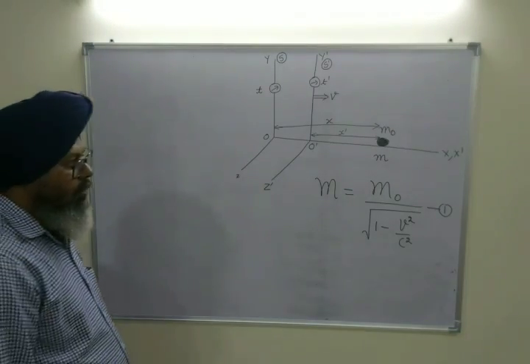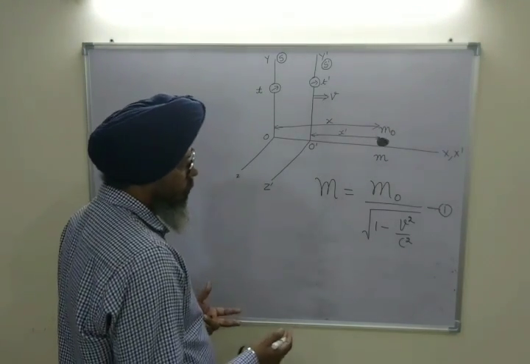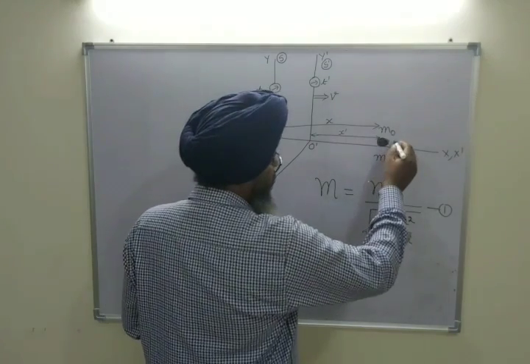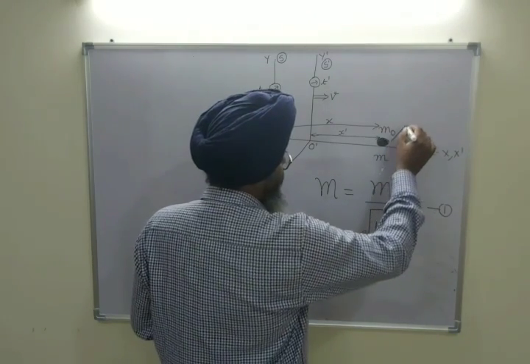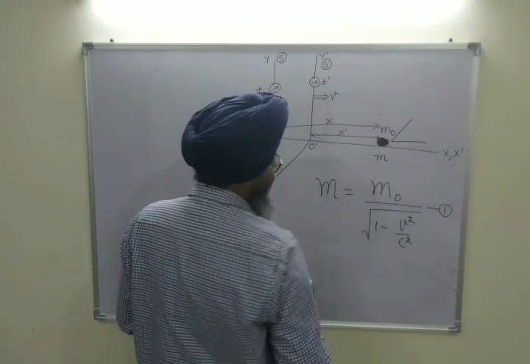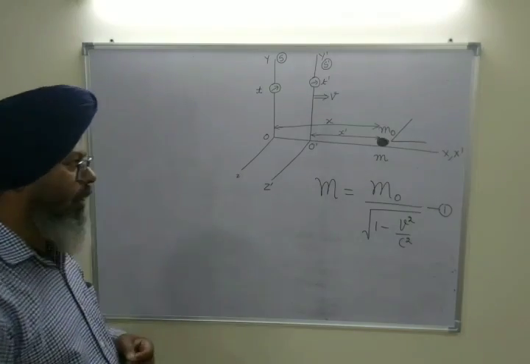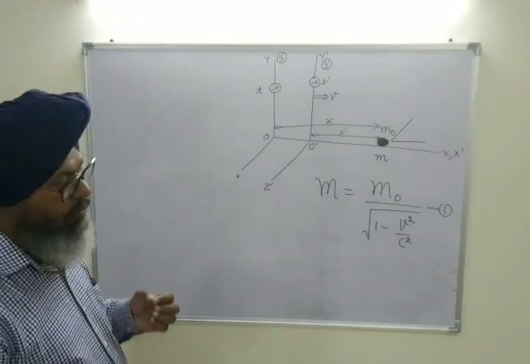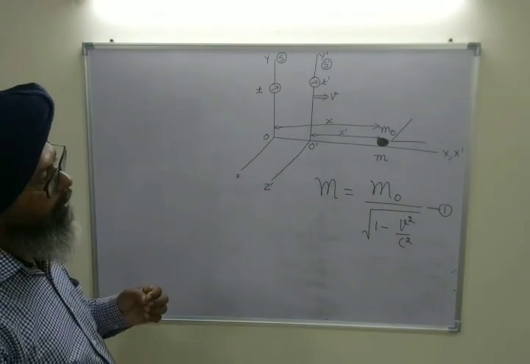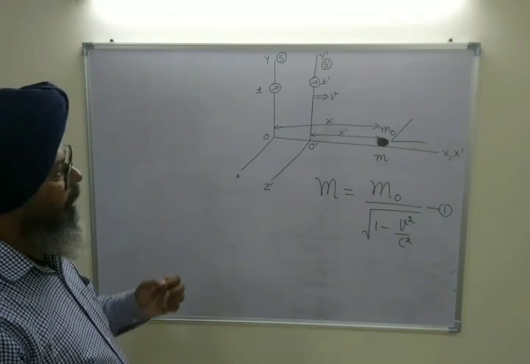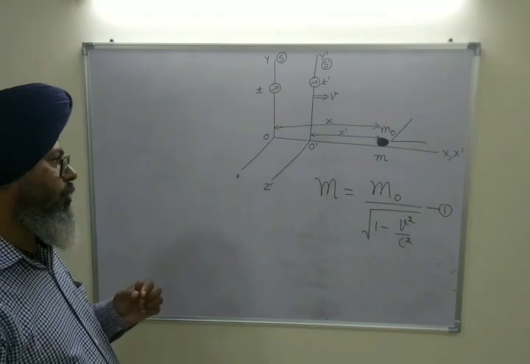Now, since we have assumed that this object possesses wave nature, and if a wave is attached with the object, this wave must be observable in frame S as well as in frame S dash.